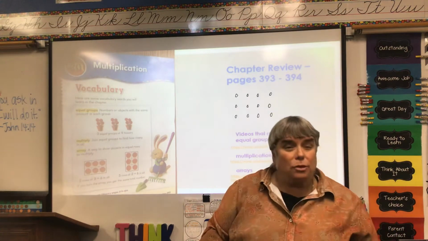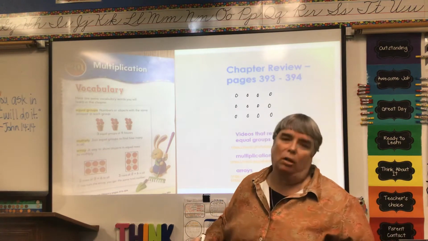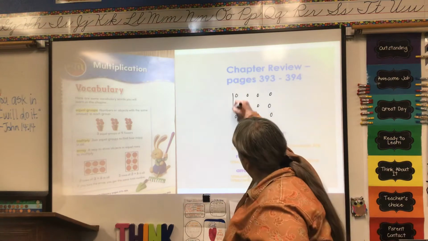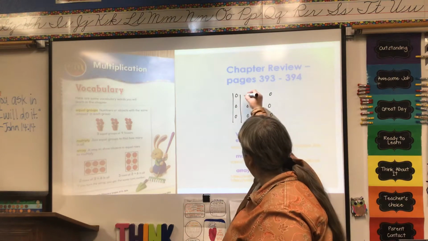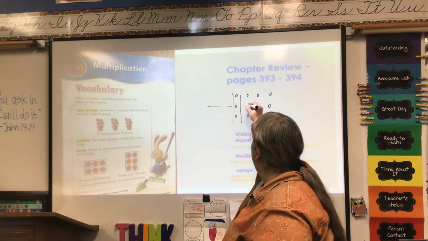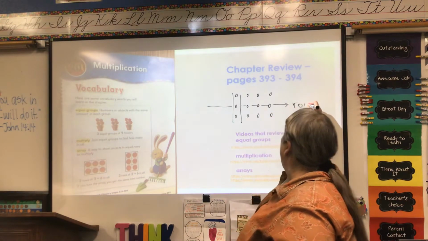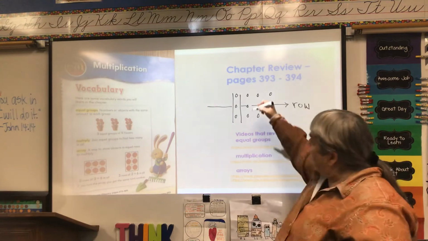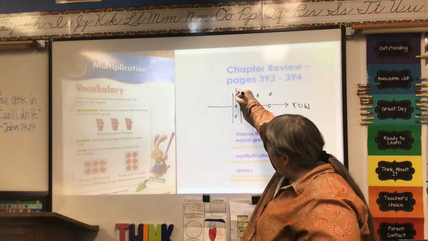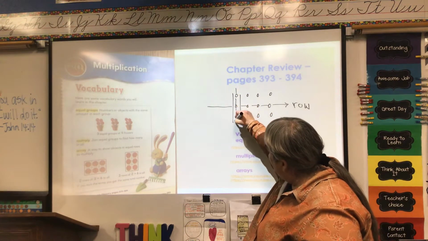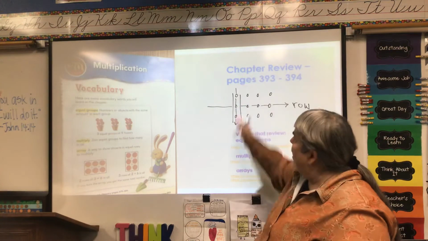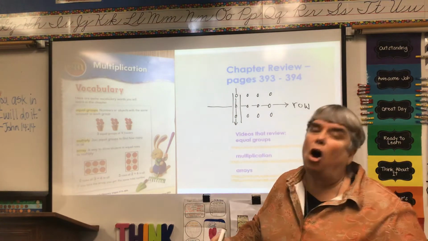And so the other term that we have is called a column. A column goes down. So this way is called a row, and going this way, going up and down, is called a column.